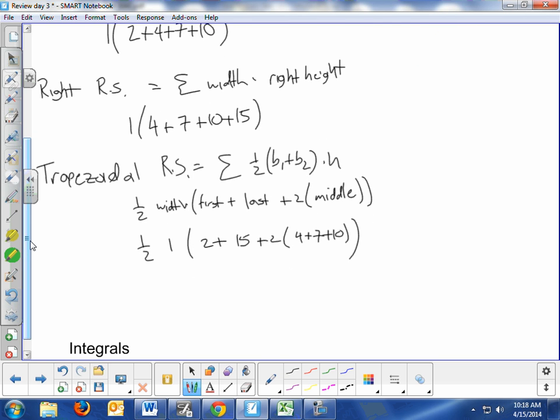Okay, and then we had a midpoint Riemann sum, which is just the sum of your width times your height from the middle of an interval.